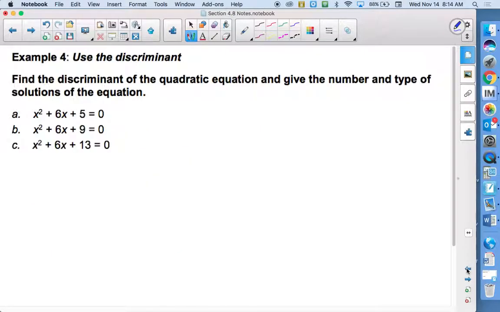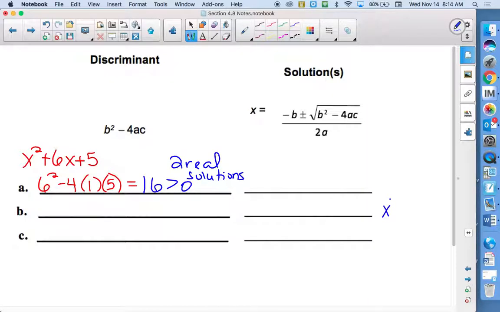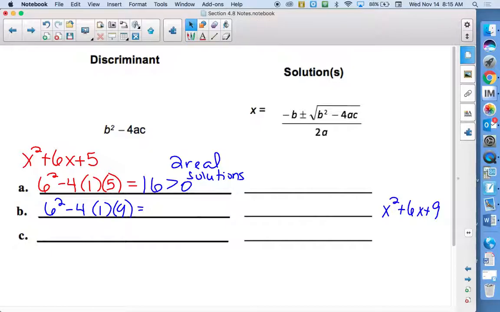So looking at the second one, we have x squared plus 6x plus 9. So this one is x squared plus 6x plus 9. So we still have 6 squared minus 4 times 1 times 9. What's that equal to? 6 squared minus 4 times 1 times 9.